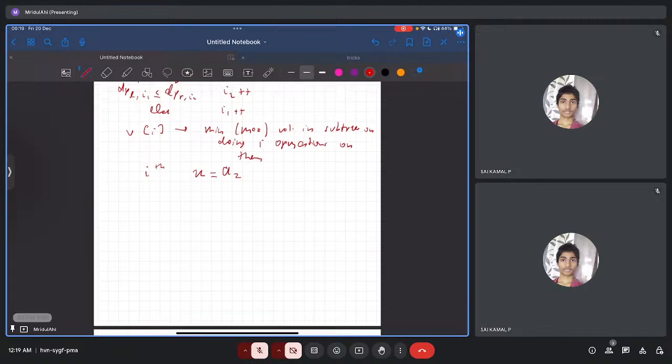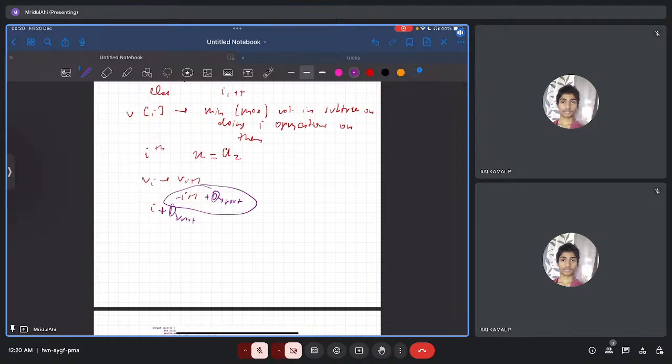So for transitioning from v i to v i plus 1, either we can do I plus 1 operations on the subtree and no operation on the root, or we can do I operations on the subtree plus 1 operation on the root.